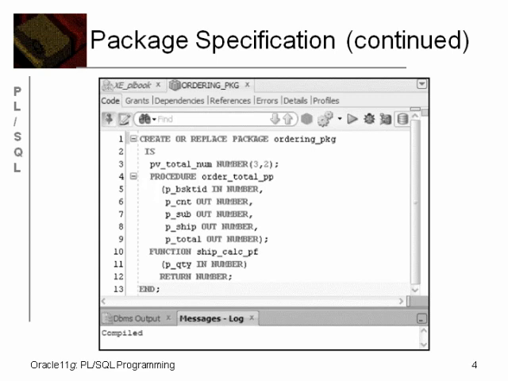The next thing we see in our package specification is our function header. This function is called ship underscore calc underscore, and notice it has an extension of PF. Instead of SF for stored function, it's PF, meaning it's a package function. I didn't point that out up here in the procedure.